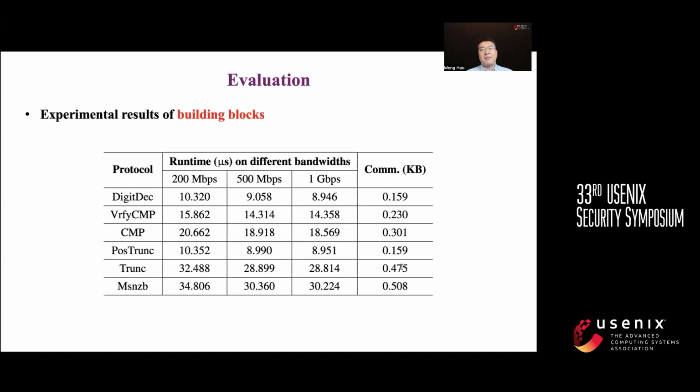Now we show the experiment results. This table gives the performance of our building blocks. We can observe that they have low computational and communication overheads. The computational overhead does not exceed 40 microseconds, and the communication overhead is less than 1 kilobyte.